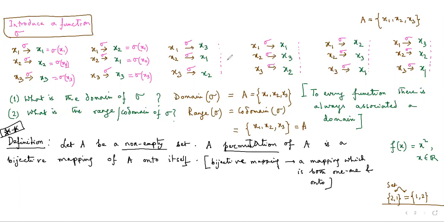Now let us define what a permutation group is, because we are not here to study the set, we are here to study the group. So here goes your second definition, of permutation group. Once the permutation is defined, how can we give an algebraic structure to it?